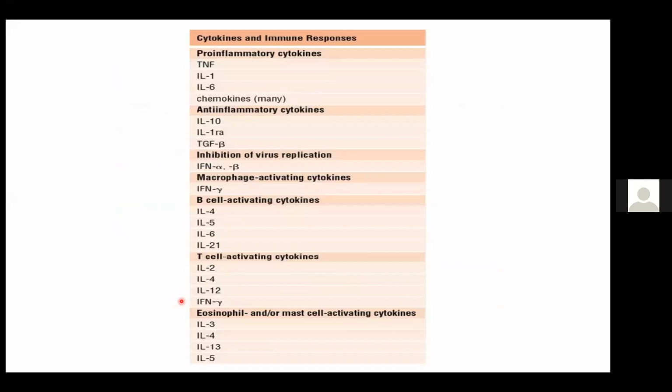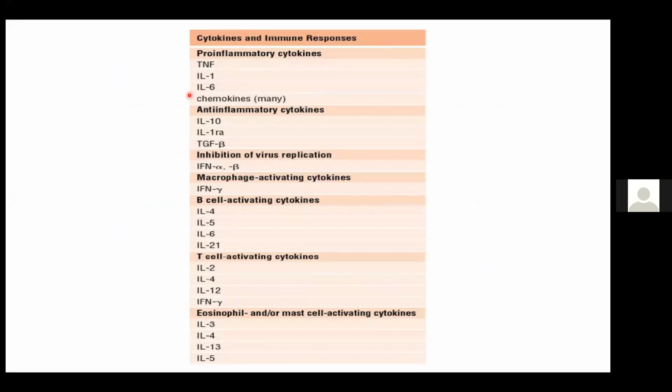This is another table just summarizing the functional classification of these cytokines, and giving some examples of some of the cytokines and what their actual function is. So I've talked about the pro-inflammatory ones.